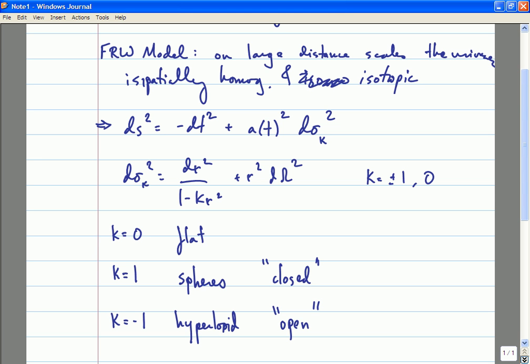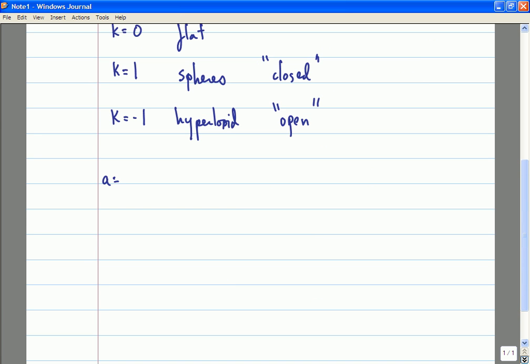So the dynamics of the universe, then, is described by two things. It's described by the parameter k, which is 0, 1, or minus 1, and it's described by the function a of t, which is the scale factor. That's some function of time that tells you how the size of the spatial slice evolves in time, and its dynamics is governed by Einstein's equations.